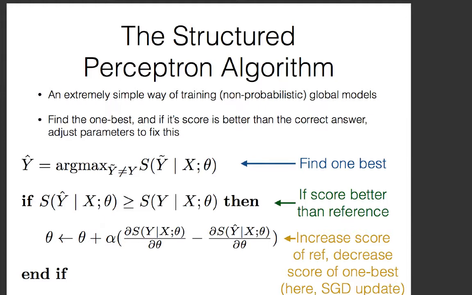So let me be clear. In the locally normalized models, you calculate the partition function over each decision. This is a globally normalized model, and the reason why is because you're not actually calculating the partition function. What you're doing instead is only calculating the score for a single best hypothesis, which you get through search.